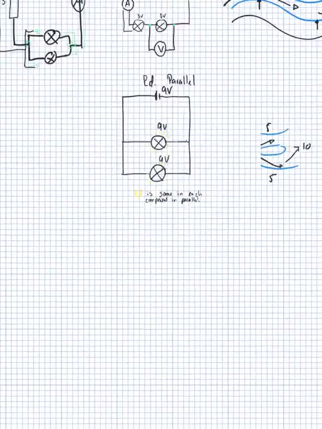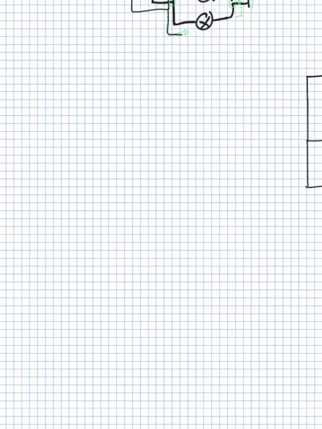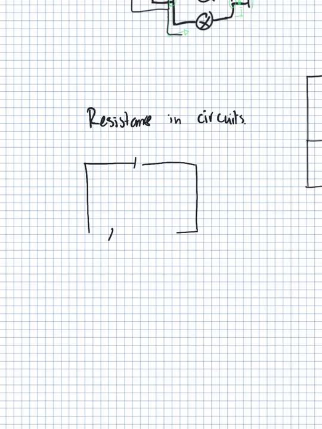And finally, let's find some space over here. Let's take a look at resistance in circuits, so in parallel and series circuits. So if we set up a circuit that looked like this, which had 2 resistors, like so, we could call this resistor 1 and this resistor 2.